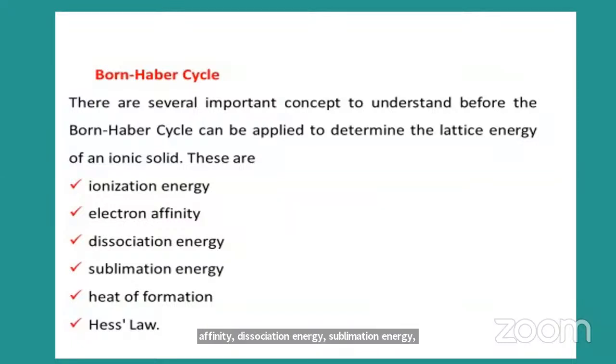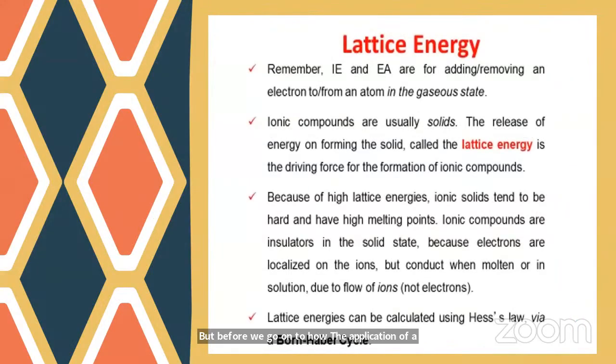But before we go on to the application of Hess law using Born-Haber cycle, let us look at what a lattice energy is. Like I said, the release of energy on forming the solid. That is, when a cation and an anion combine together, a solid product is formed. And in that solid product being formed, there is a release of energy. And that energy is referred to as lattice energy.